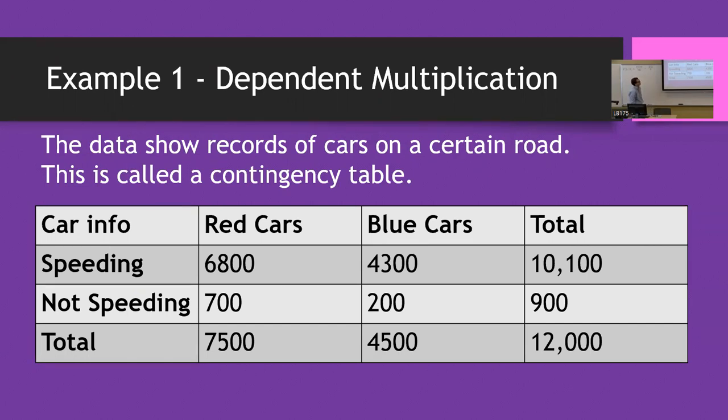So the two variables here are what color the car is, versus if the car was speeding or not.